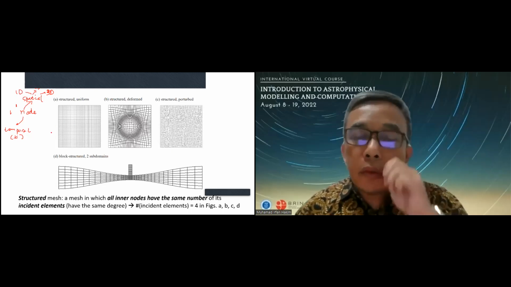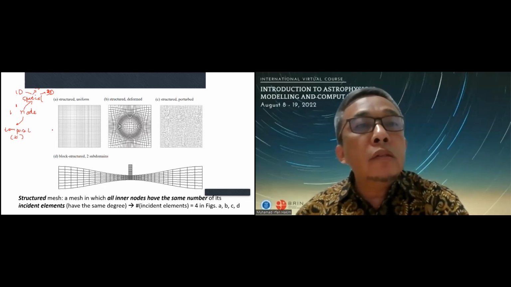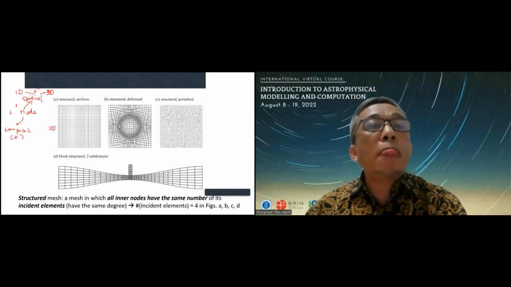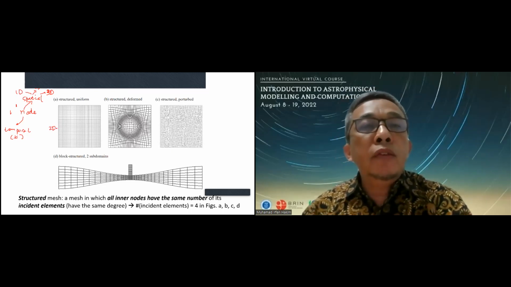These are examples of 2 dimension structured uniform mesh.